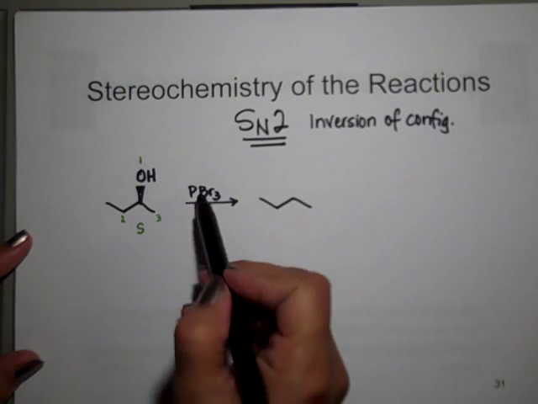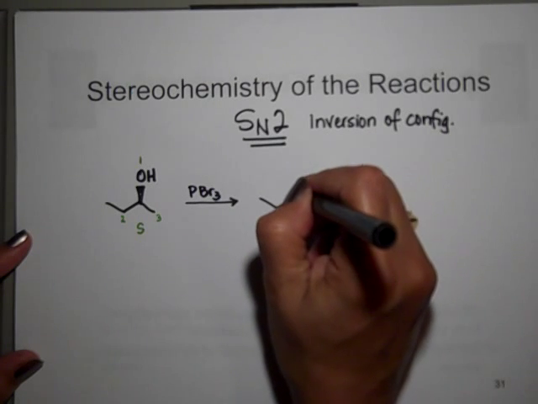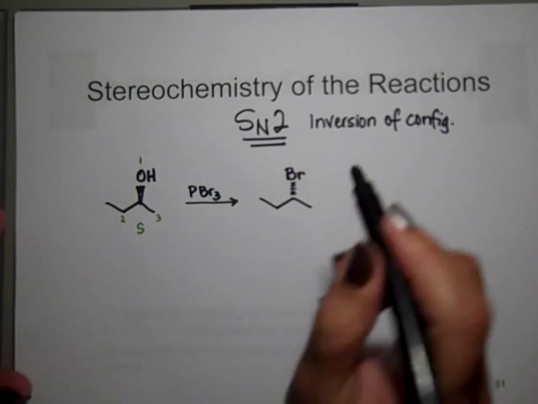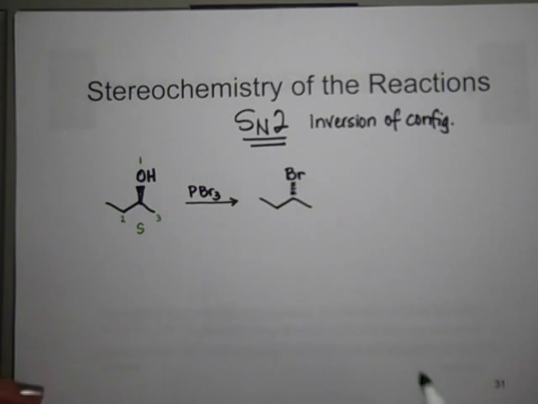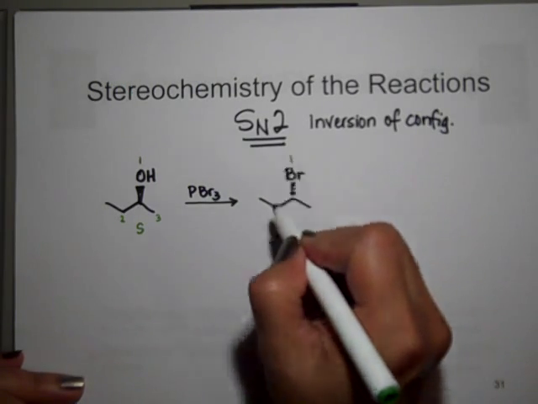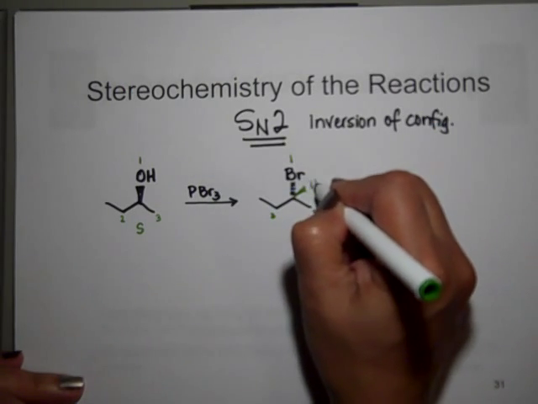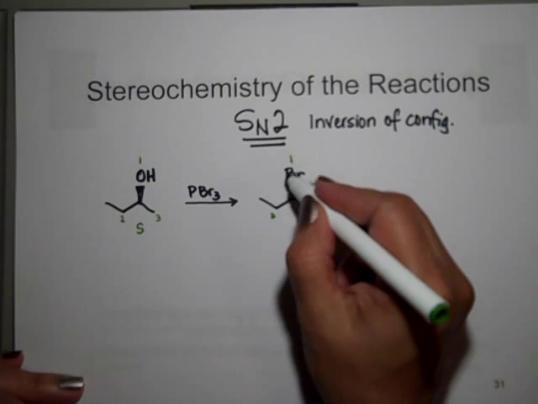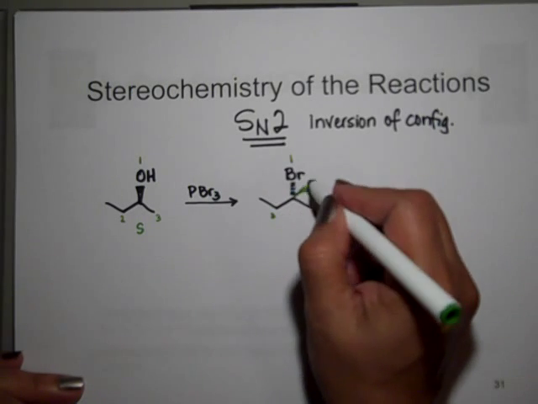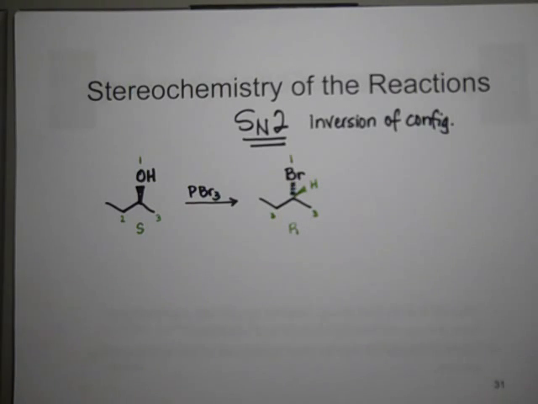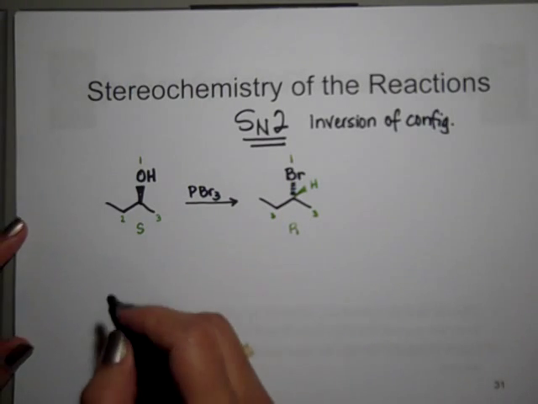So our product, the bromide, will attack from the back, and if it attacks from the back, it stays in the back. And this one is now 1, 2, 3, but there's a hydrogen in front. So it's S, but the hydrogen is in the front, so it's the opposite. It's R. So you see I have that inversion of configuration there.